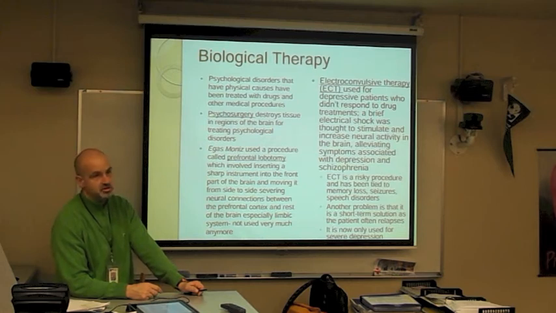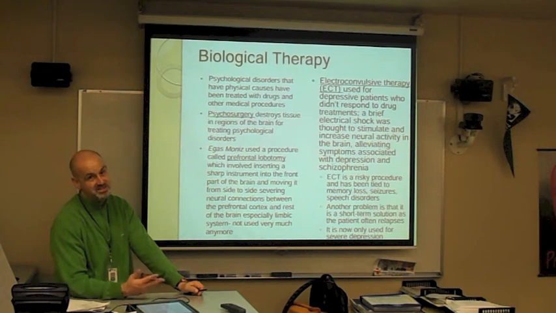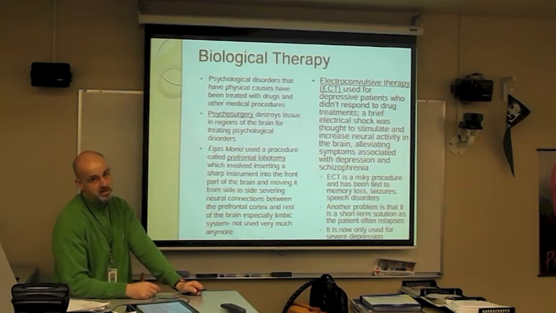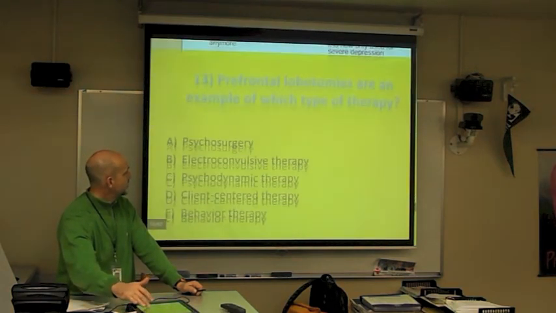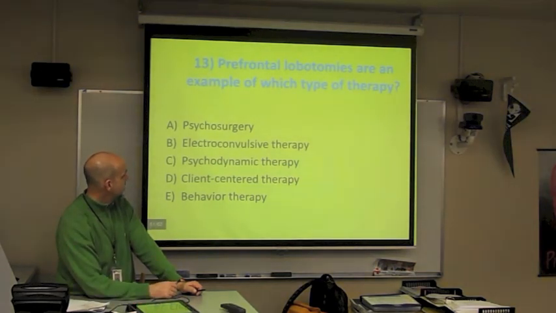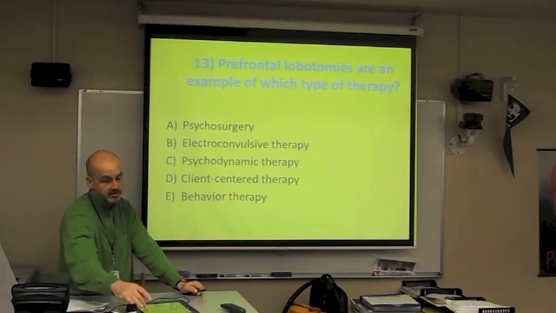It can be linked to seizures, memory loss, speech disorders, and another problem, and this is the major problem, is that it's short term. You can excite the neural activity, but after a while the neural activity will return back to a kind of low level. Now, prefrontal lobotomies are an example of which type of therapy? Again, it requires surgery, so that would be psychosurgery.